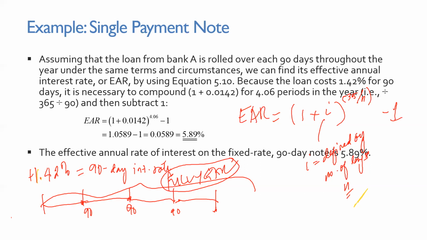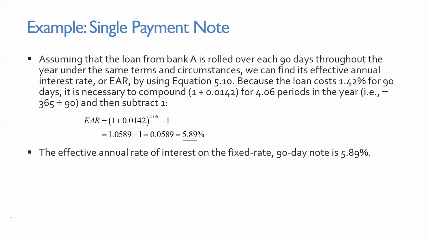Okay. In this case, that is 1 plus 1.42% raised to 4.06. Saan galing yung 4.06 dito? 365 days divided by 90 kasi this interest rate is valid for a 90-day period, minus 1. And that's how you get 5.89% here. That is the effective annual rate.